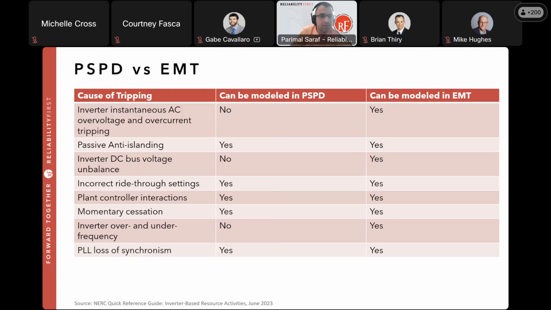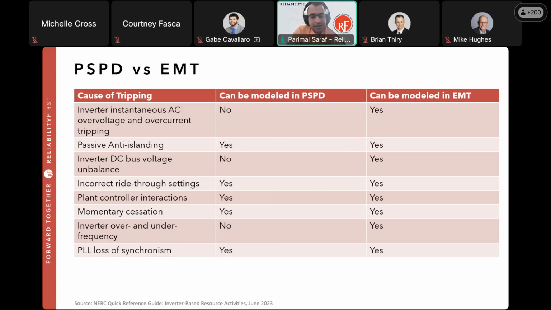As you can see, certain phenomena such as instantaneous AC overvoltage and overcurrent tripping, DC bus voltage unbalance, and inverter over and under frequency could not have been analyzed in positive sequence phasor domain tools like PSSE, whereas EMT would have been able to analyze and study these phenomena.